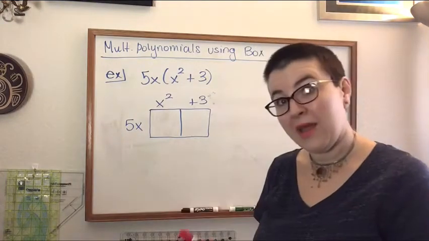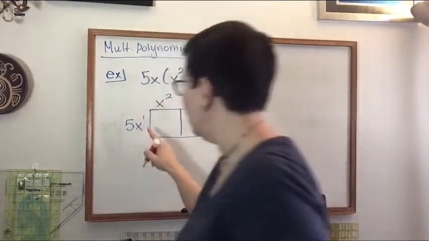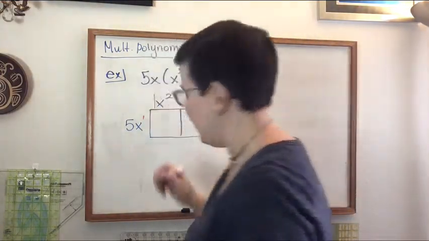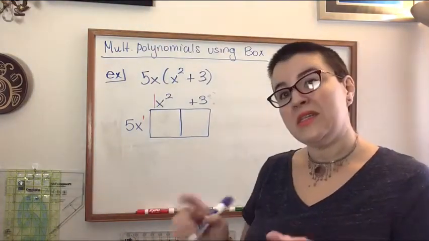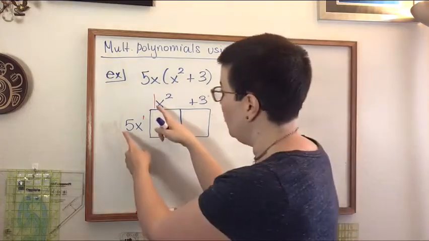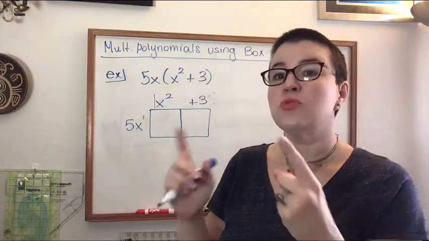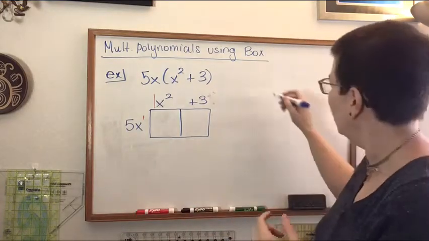Now, what you might have forgotten or maybe haven't thought of in a while is there's a little invisible 1 on this x, and there's an invisible 1 in front of that x squared. So when I multiply, the coefficients will multiply. And when you multiply x squared times x to the first, the powers add. And here's why, if you haven't done it in a little while.